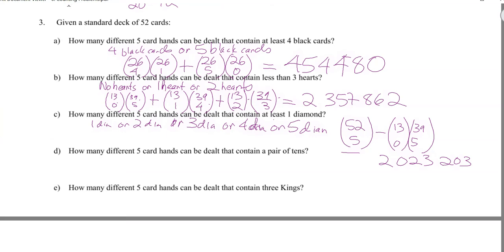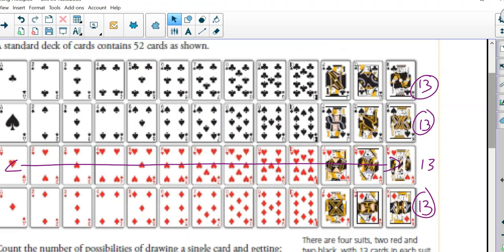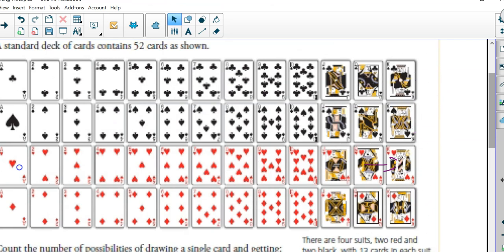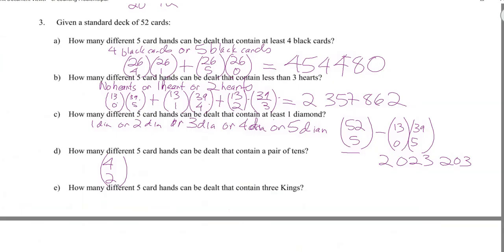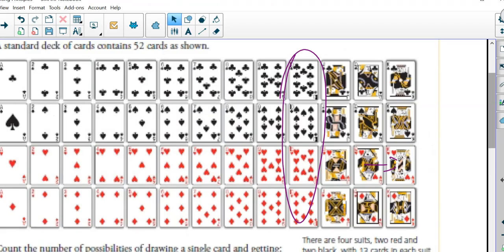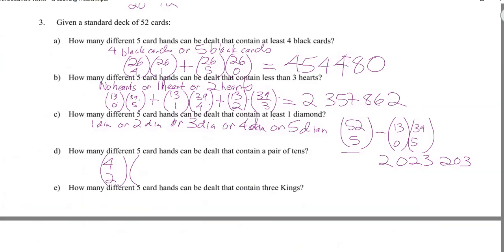How many different 5-card hands could be dealt that contain a pair of 10s? Okay, so there are 4 10s in the deck, and we need 2 of them, right? So there are 4 10s. Let's clean this up. Here are the 10s. There are 4 10s. We need 2 of them. That can be done in 4 choose 2 ways. And then, back to the deck. So that's 4 out of the 52 cards. So there are 48 cards remaining, which are not 10s.